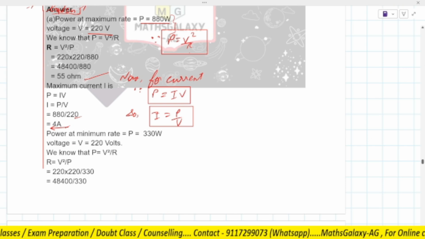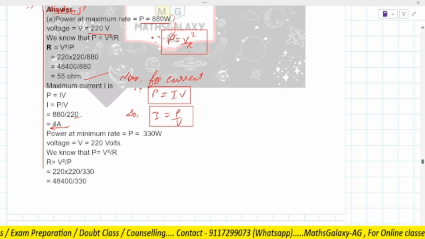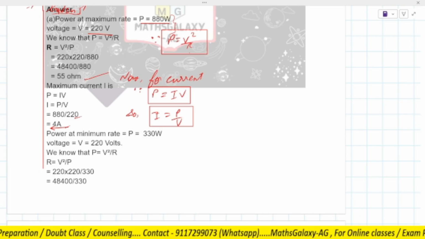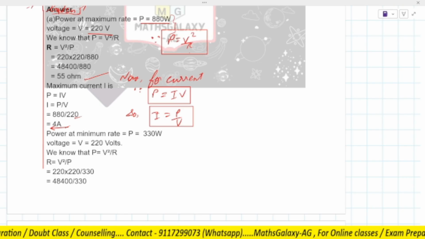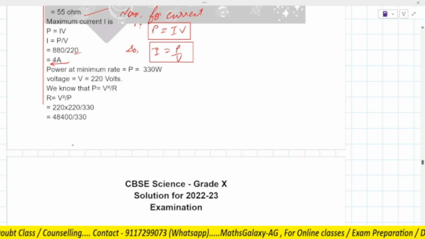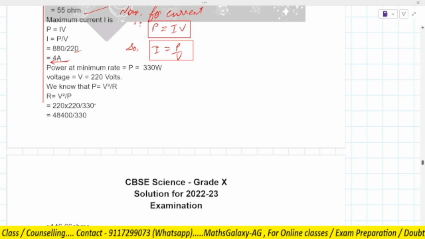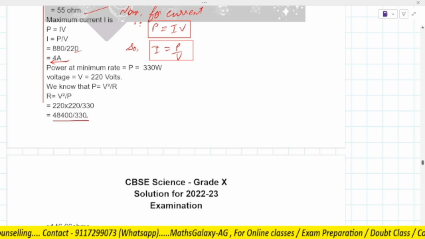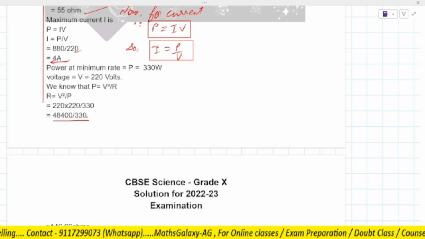Now, power at minimum rate, P equal to 330 watt. Voltage will be 220 volt. We know that P equal to V square by R, right? So from this we can also find the R for the other one. Is it clear?